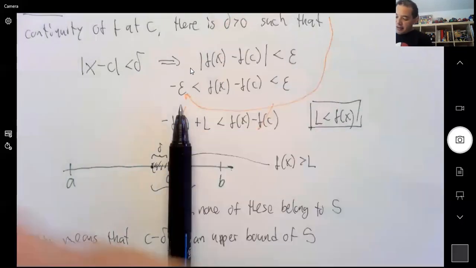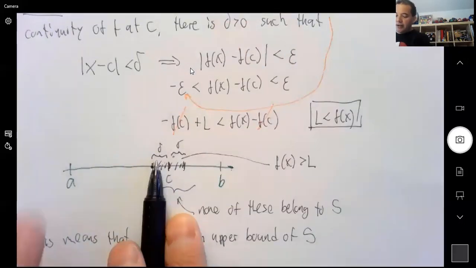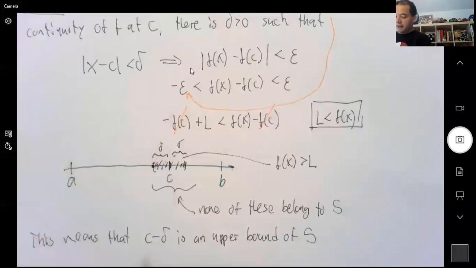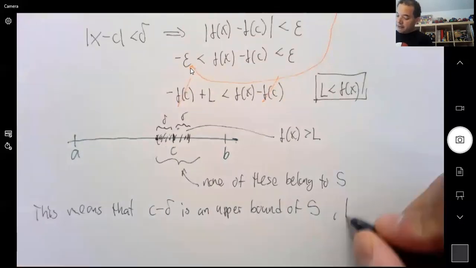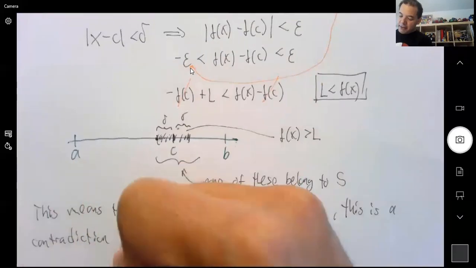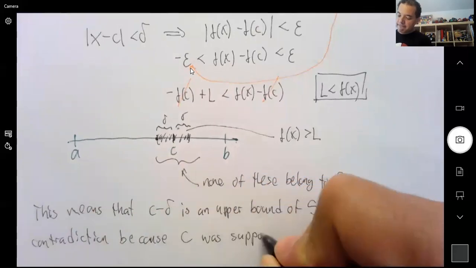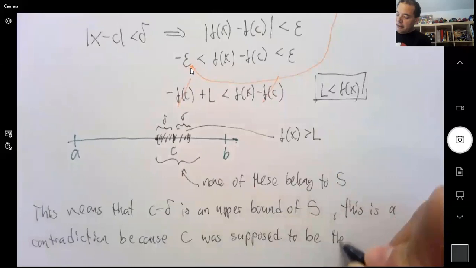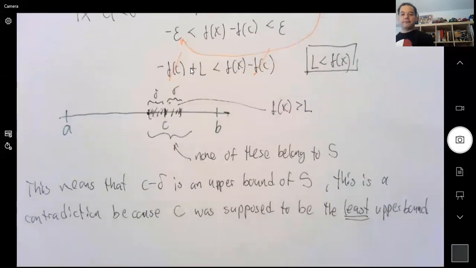But now these guys are not in S, so everyone in S is to the left of C minus delta. So C minus delta is an upper bound, and that's a contradiction, because C was supposed to be the least upper bound. So we got a contradiction in here as well.